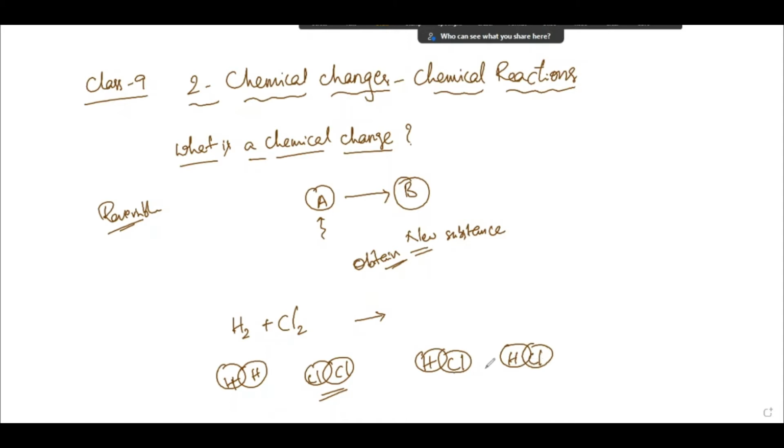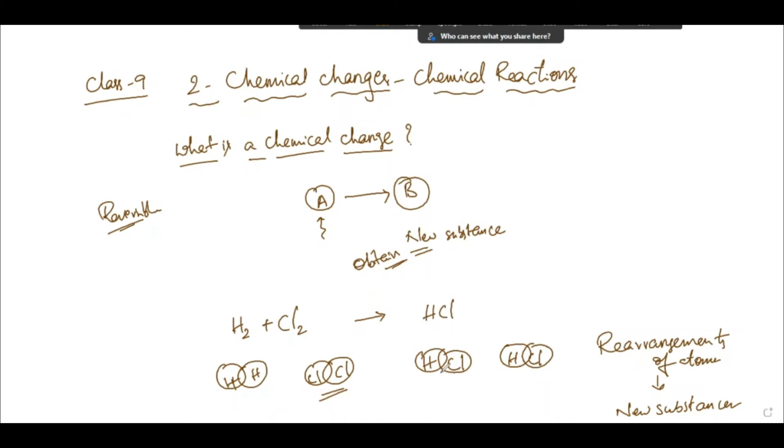Like this there will be rearrangement of atoms, and this rearrangement of atoms leads to the formation of new substances, and that's how you get HCl.